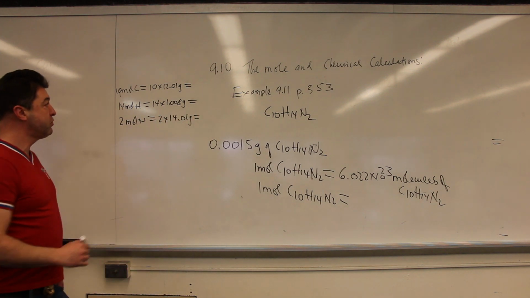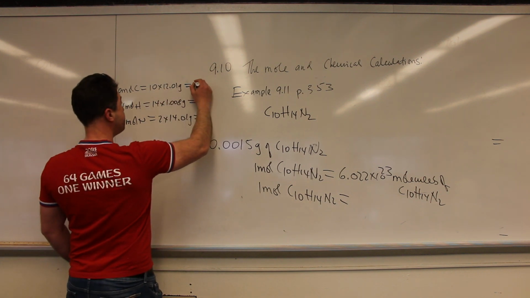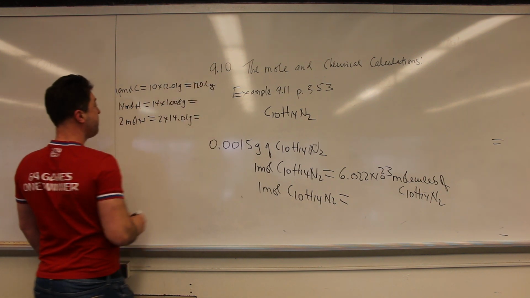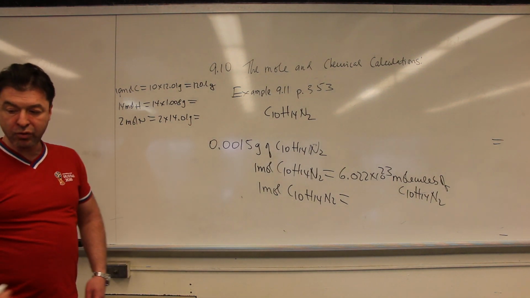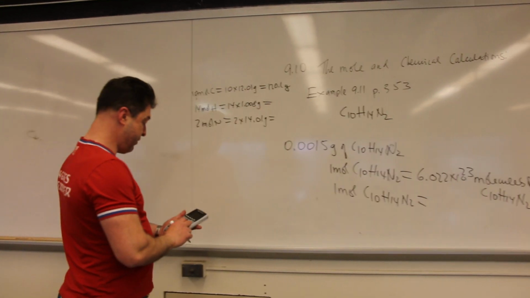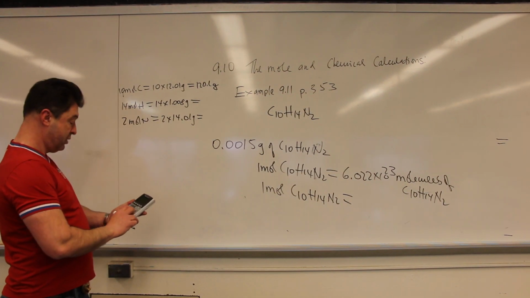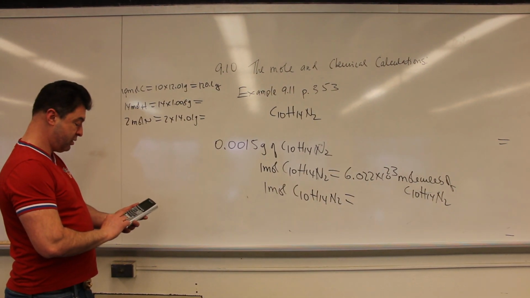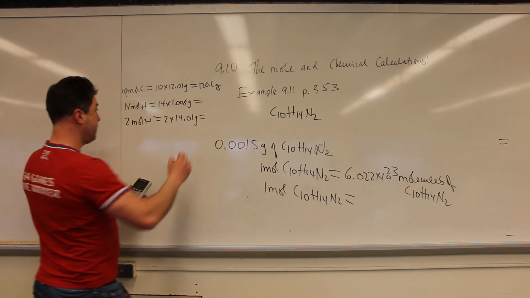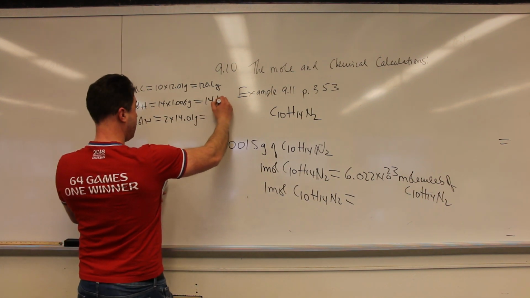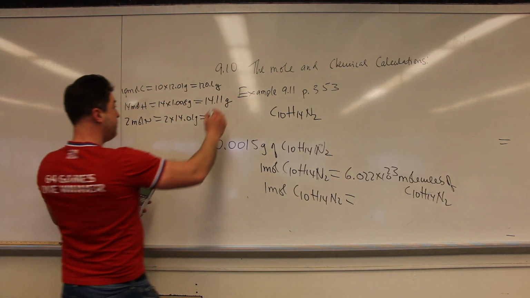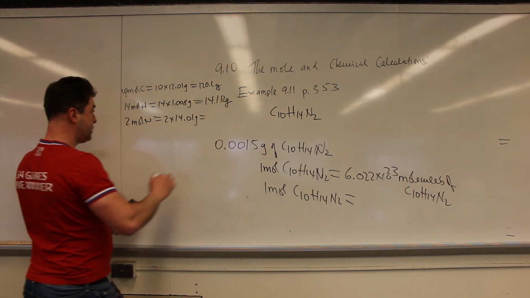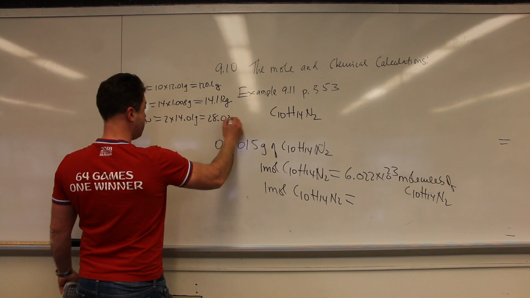All I have to do now is quick calculations. This gives me 120.1 grams. For the next one, I have enough headache today, so I'm going to use a calculator. That will be 14.112 grams, and this one is, of course, 28.02 grams.